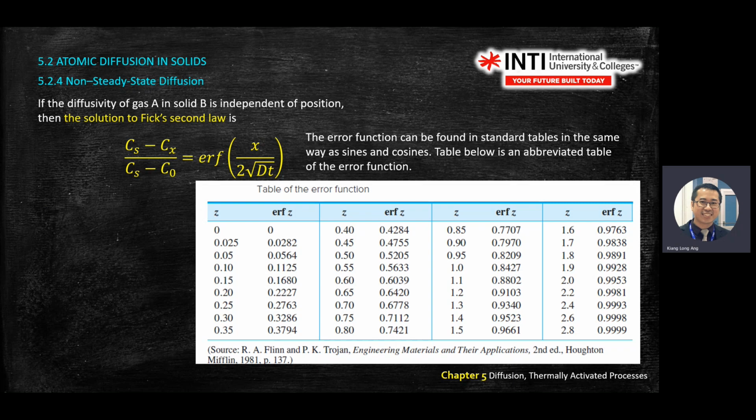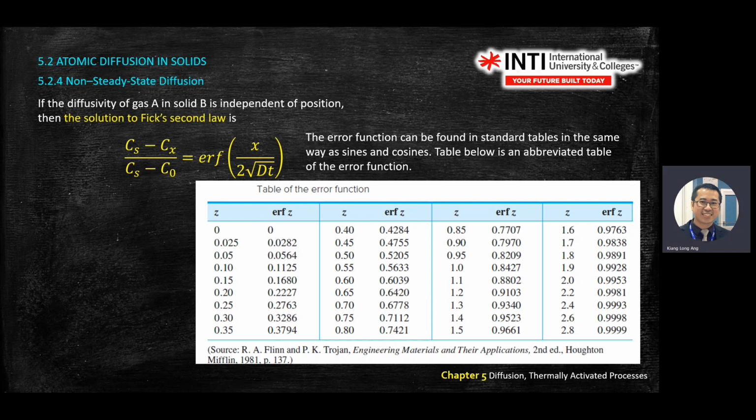You can use either one to solve this question. You know the surface concentration, the concentration Cx at the distance you want, and the initial concentration given in the question. What you need to master is the skill to use this table.